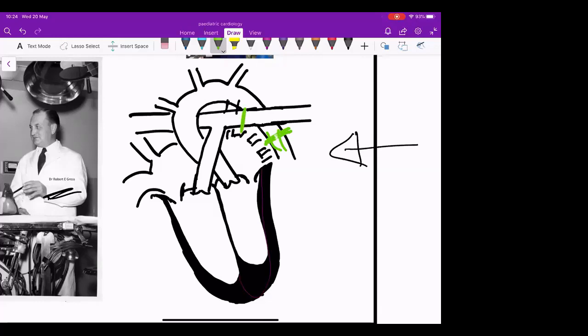When they come back to echo, these are things they're looking for after the operation, which is why they must have an echo before they leave the hospital, to make sure there is flow in the abdominal aorta, and that there is flow in the left pulmonary artery.